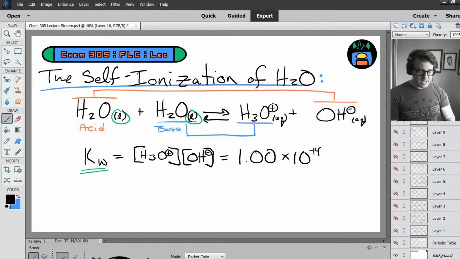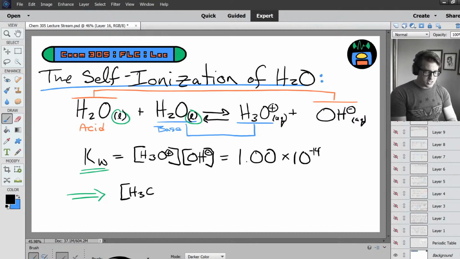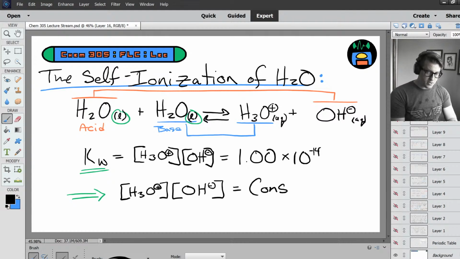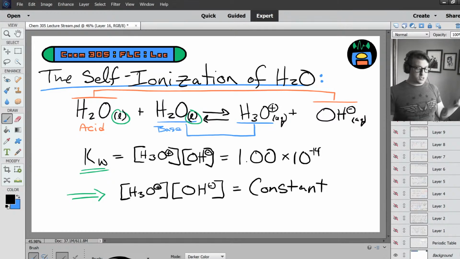Now, that's one thing. The second thing, and this is a big deal, you'll notice that when you multiply the concentration of hydronium in a sample of water by the concentration of hydroxide in a sample of water, it equals a constant number. That constant number is 1.00 times 10 to the negative 14, but you multiply them together, they will always equal the same thing.